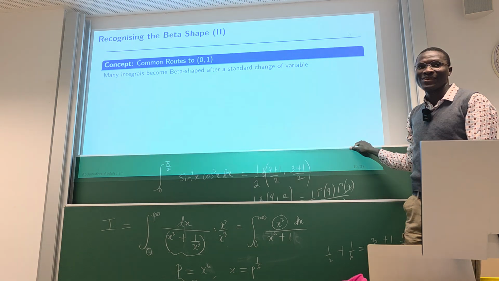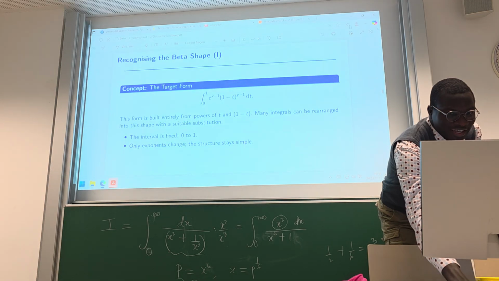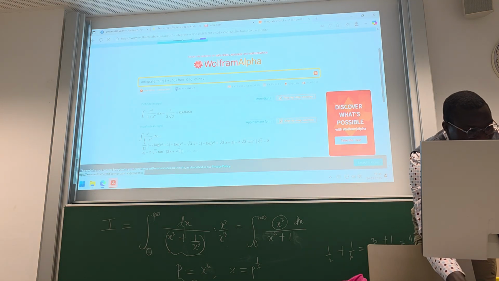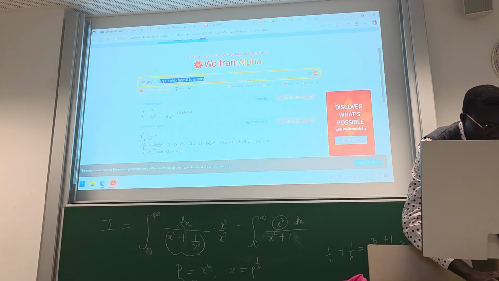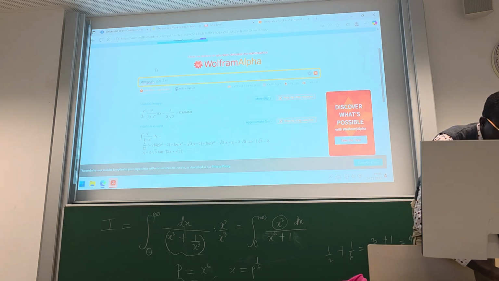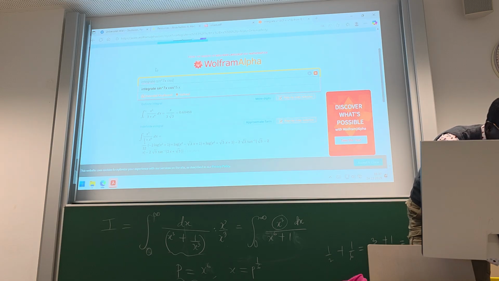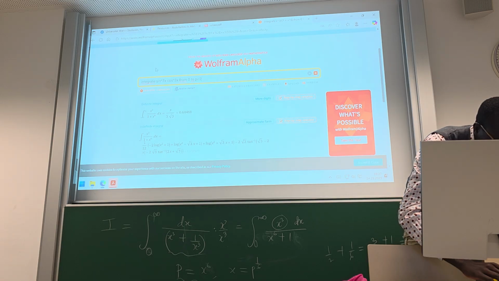And we could try to verify, because it's important we also verify. So we want to integrate sine x to the 7 and cos 3x from 0 to pi over 2.